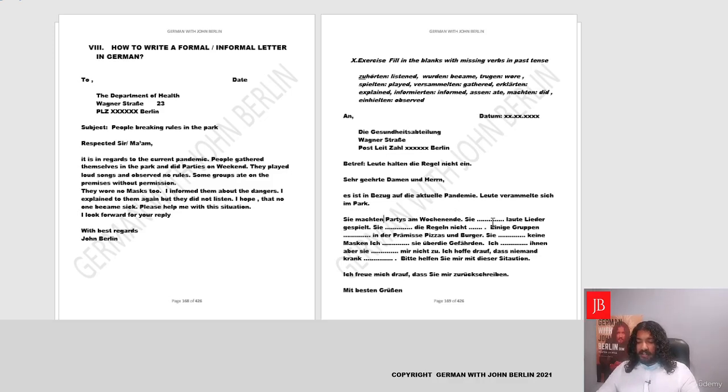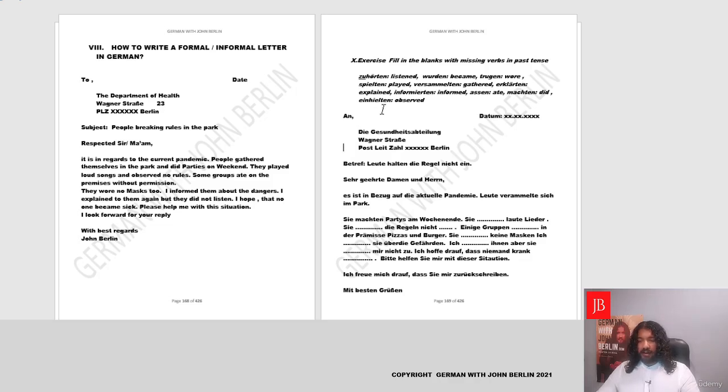Now what else? Sie dash laute Lieder. Genau. This is an extra word here. We'll remove it. So we'll just write Sie dash laute Lieder. What do I want to say? They played loud songs. So the verb is to play, and the verb in German is basically spielten. It comes from the verb spielen.